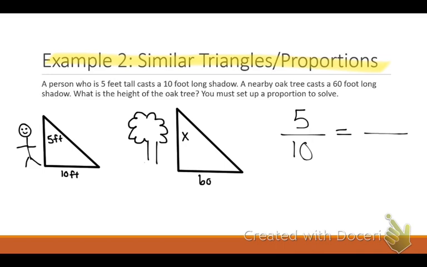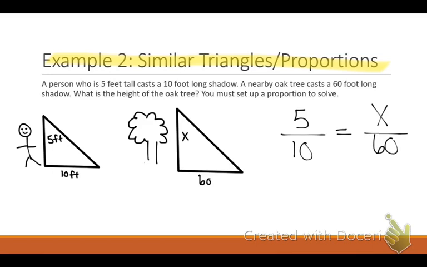This is how I would do it too. Height of the person over shadow. How does it have to be set up on the other side? X over 60. Height over shadow. Again, it's much easier when you have a visual because you can clearly see which values match up.